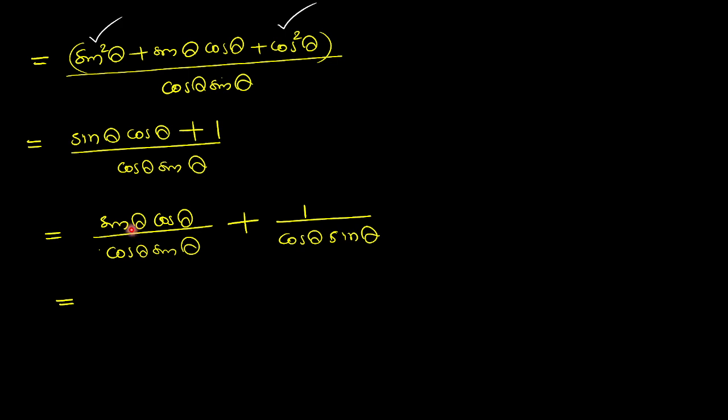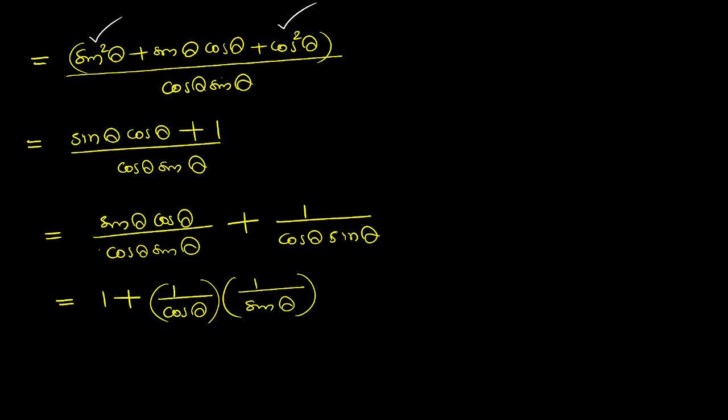Here you see that sin cancels, sin cancels, cos cancels, 1. Okay, only 1 is left. And here 1 by cos into sin, let me write one additional step, otherwise you will have confusion. I can write it as 1 by cos into 1 by sin, correct?